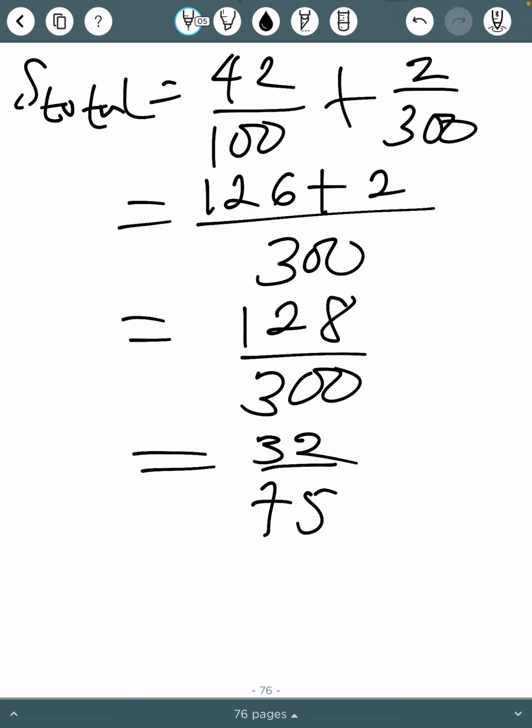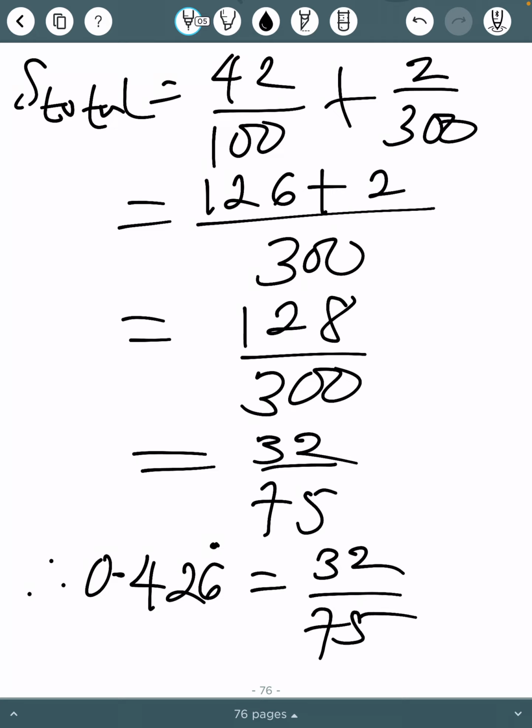Is that the simplest form of that fraction? Good. So that means the value of 0.426 is the same thing as 32 over 75. So that solves that question, and we can do more examples later.